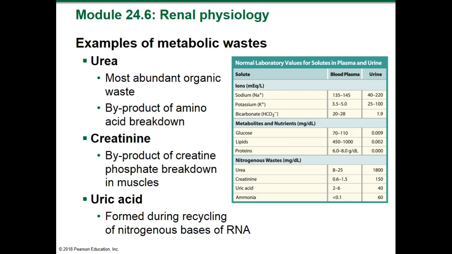Creatinine, that's a byproduct of creatine phosphate breakdown in the muscles. We use that as an energy source. And then uric acid, it's formed during recycling of nitrogenous bases of RNA. Sometimes we have a little bit of trouble if we concentrate that a lot and we have uric acid crystals forming.